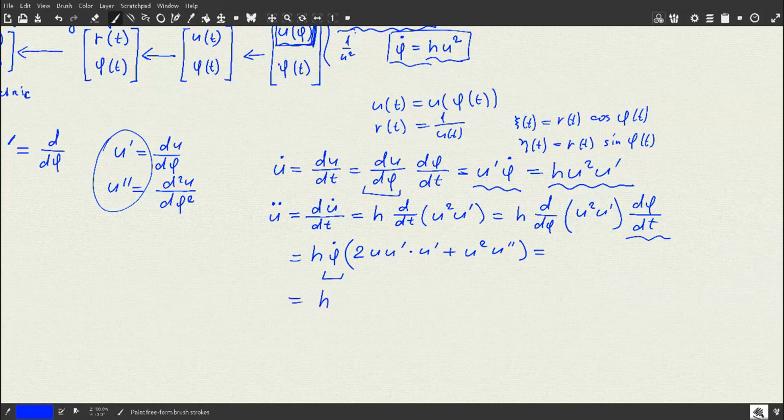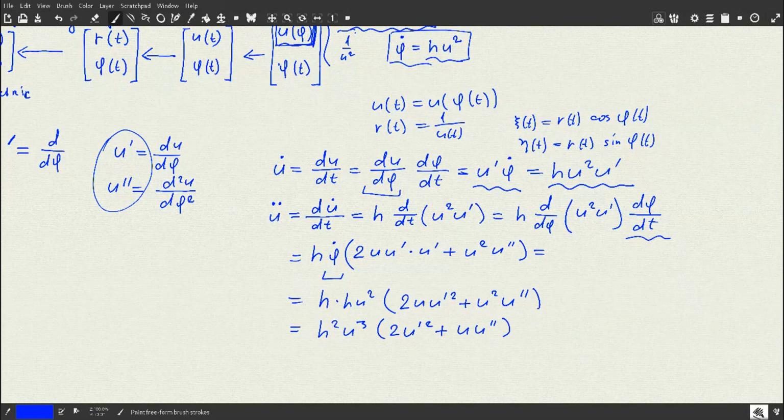Therefore, it is h u squared times 2 times u prime squared plus u squared u double prime, all right? Which, factoring out one u, is h squared u cubed times 2 u prime squared plus u double prime. And that's u double dot.